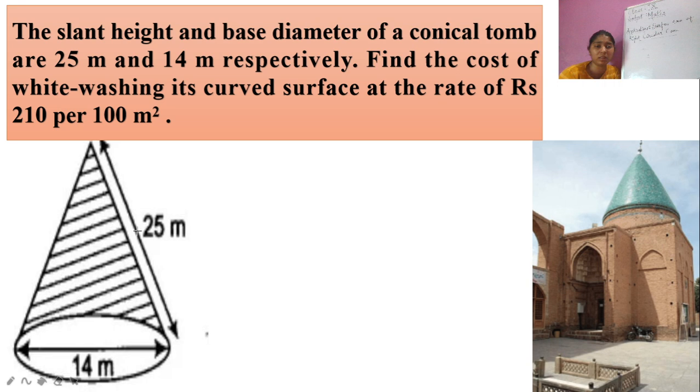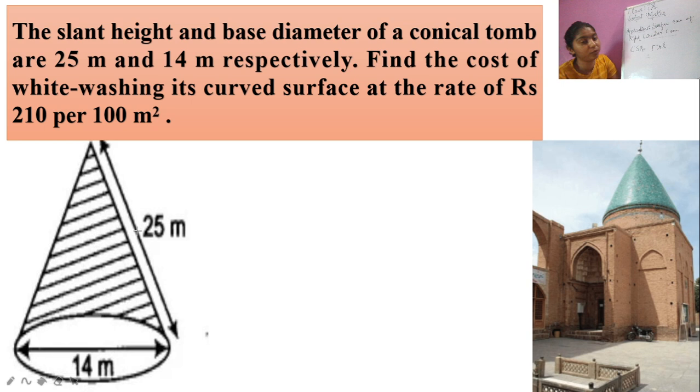We don't have the radius. You know that the curved surface area of a cone is pi RL, right? So we have pi, we have slant height, but we don't have the radius. So how will you go for the radius, students?